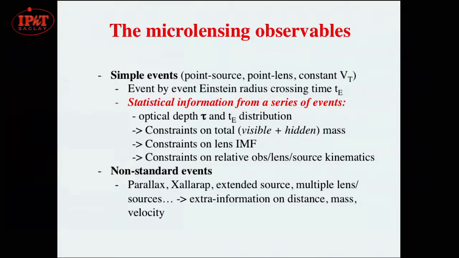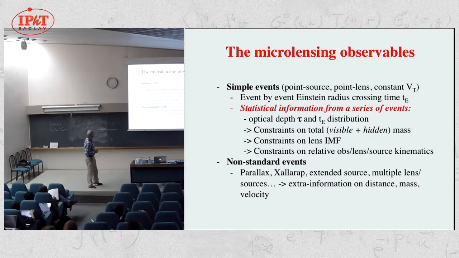Okay, so the microlensing observables. If I assume what we call in microlensing science the point source, point lens, and constant transverse velocity, it's the simplest event.